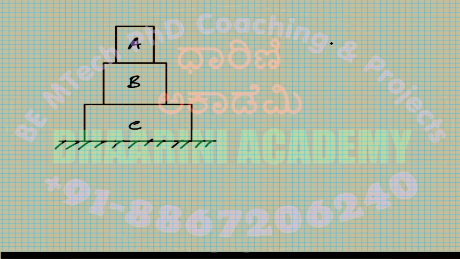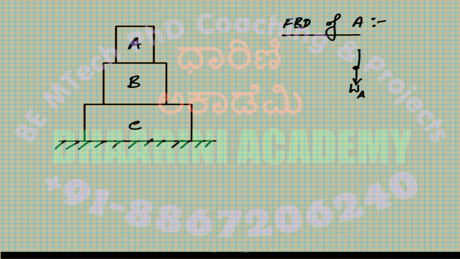So for the first one, that is for A, I'll write the FBD, free body diagram of A. Consider the center of mass. Because of the mass of object A, there is a weight, that is W of A. Since the mass is not given, they have just given A, indicating that that is the object A. There will be a weight of that object, so I denote this as WA.